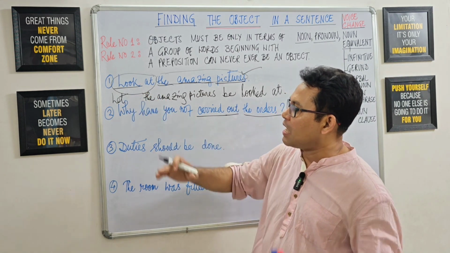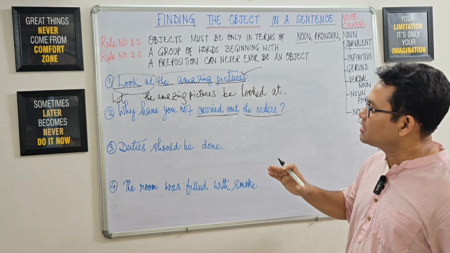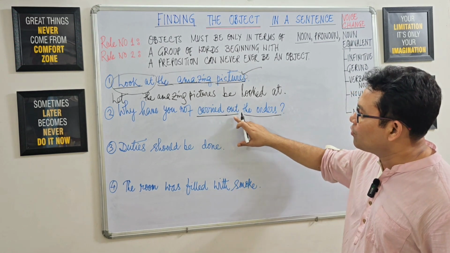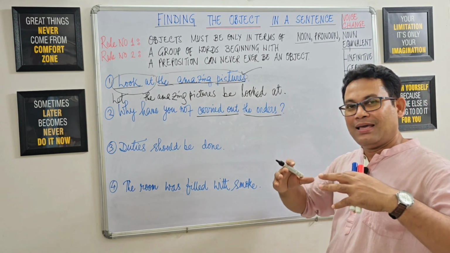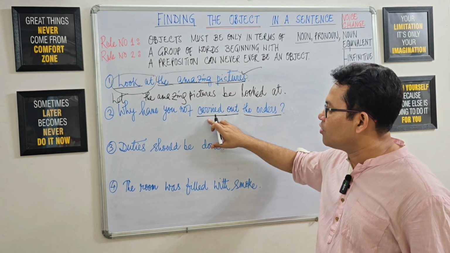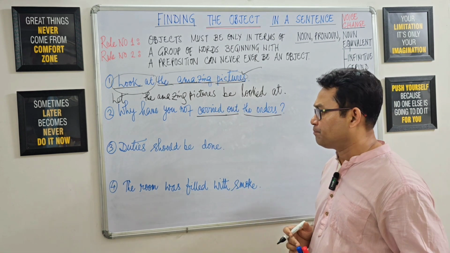Here look at is appropriate preposition. Here carried out, the past form, is a group verb or phrasal verb, because this verb carry along with the preposition out is now expressing a meaning which is different from the original meaning of the verb carry. So carry and carried out have different meanings.